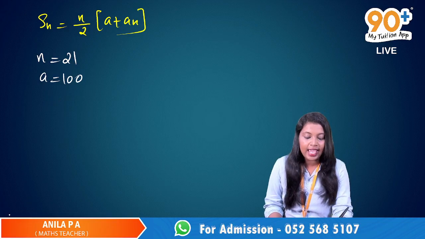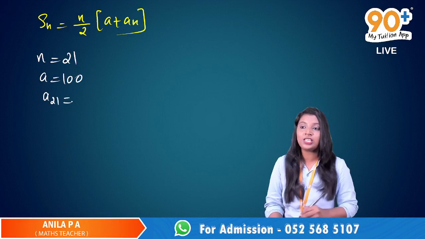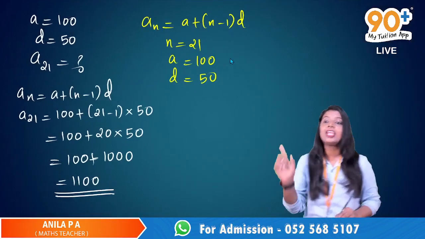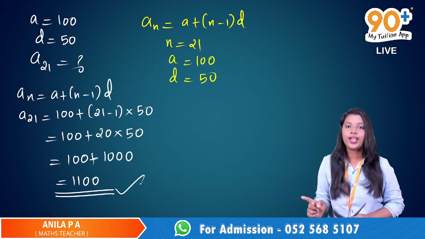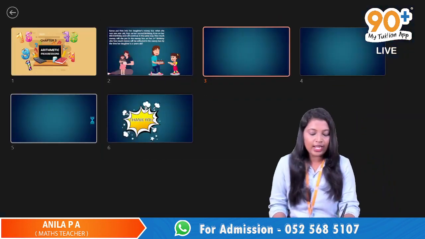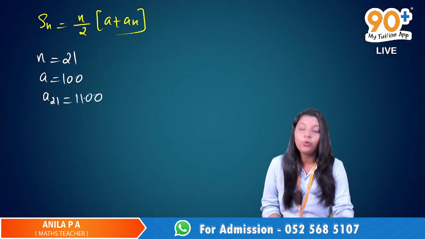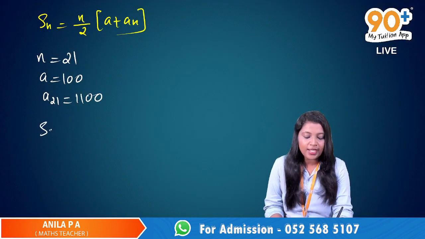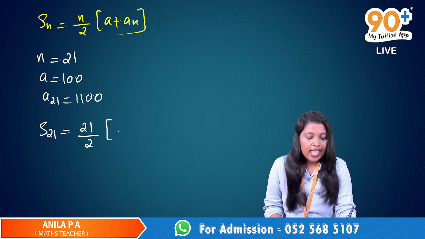What is an? Replace n with 21. We already got a21, right? We have this value, so let's substitute that value over here. So S21 will be equal to 21 by 2 into (a plus an).